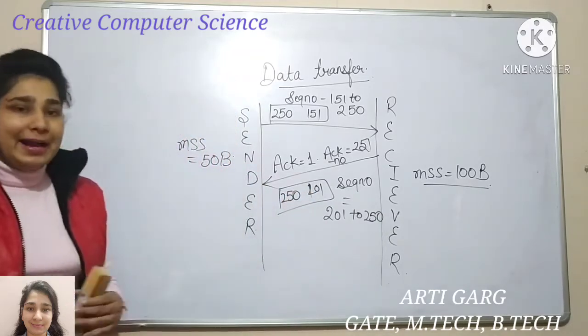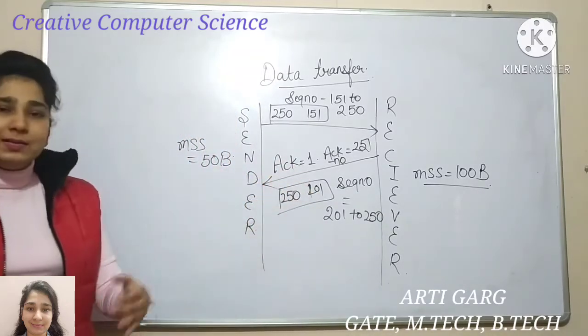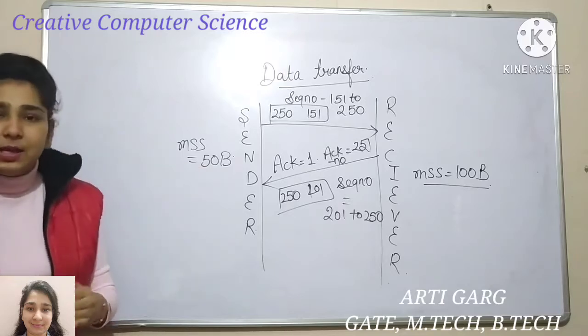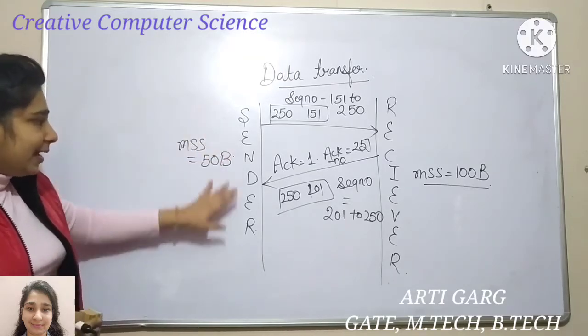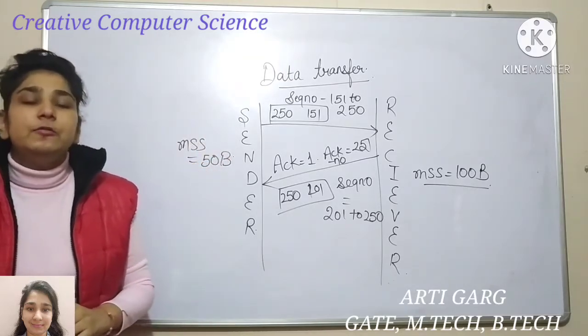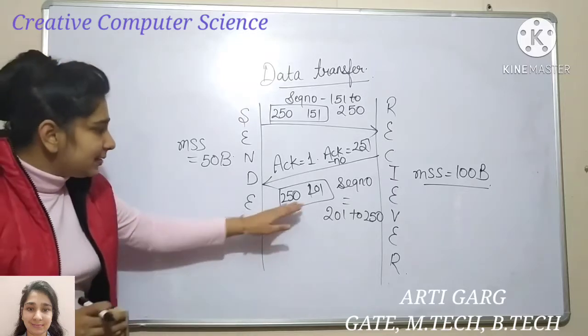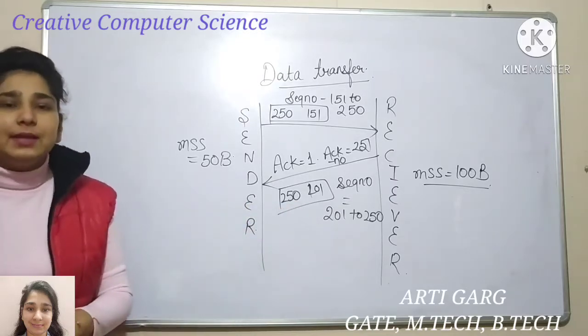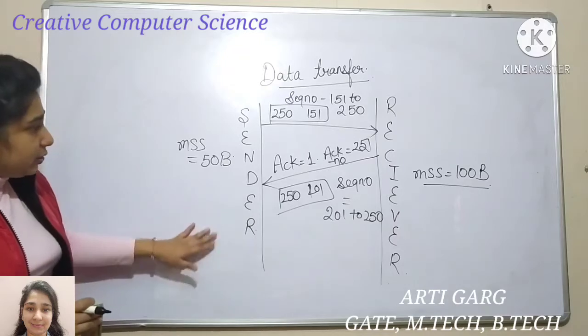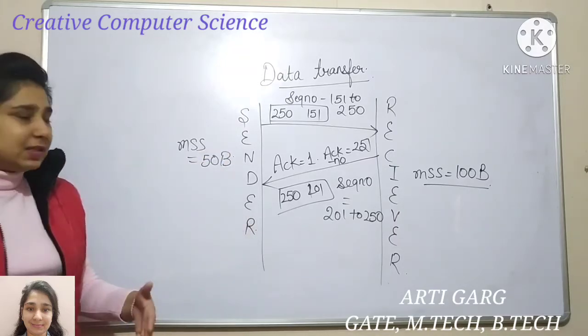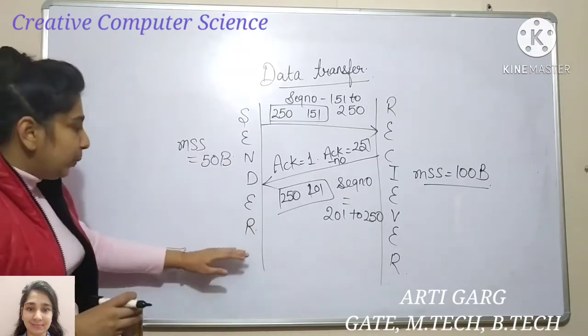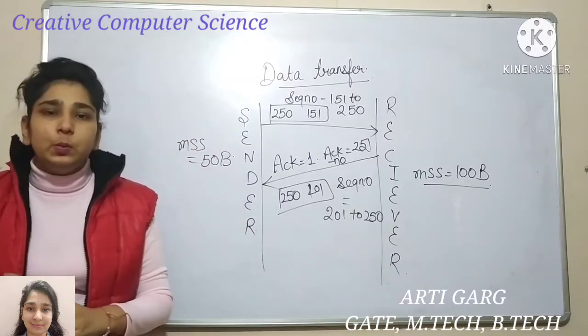The maximum number of bytes we can keep in one segment is 50 bytes, because the maximum segment size of the sender is 50 bytes. So this way we transfer the data between the sender and the receiver.